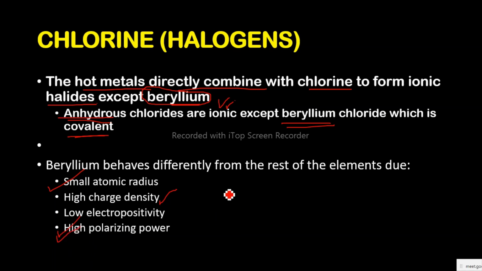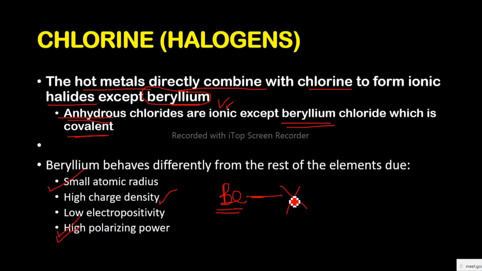The polarizing power is so high that if you react the beryllium with a halogen, maybe let me represent it as X, and you compare the electronegativity of this halogen and the polarizing power of this beryllium, the polarizing power is going to be so high that it will end up polarizing the ionic bond to become more of a covalent bond.